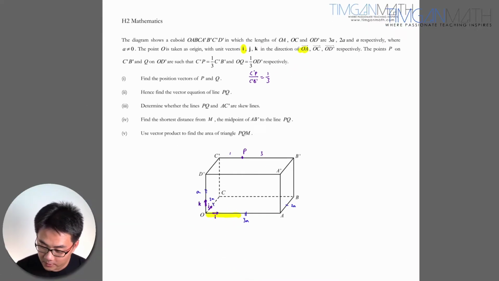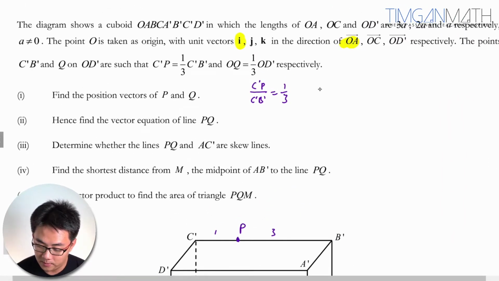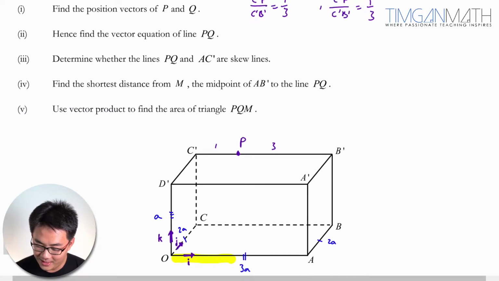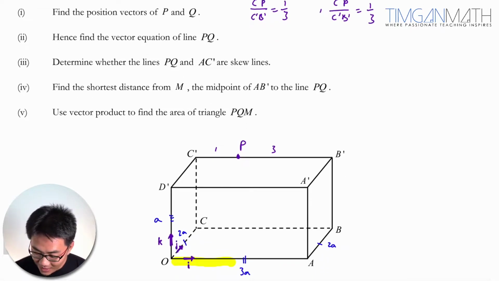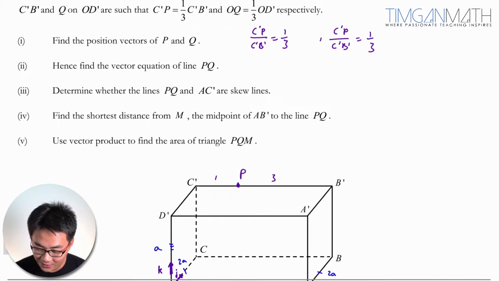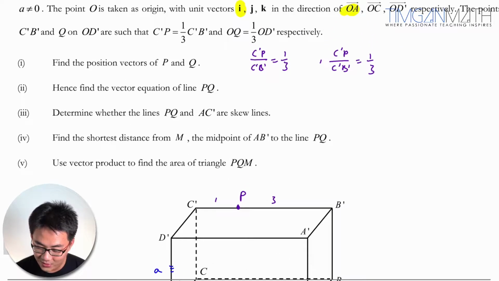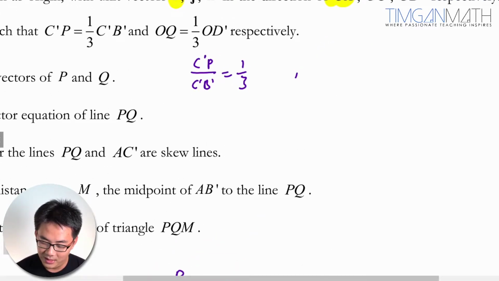And then you have such that CP prime over C prime B prime. It's so confusing. Sorry, I'm actually lacking sleep, so I'm not thinking. Oh yeah, I copied wrongly.